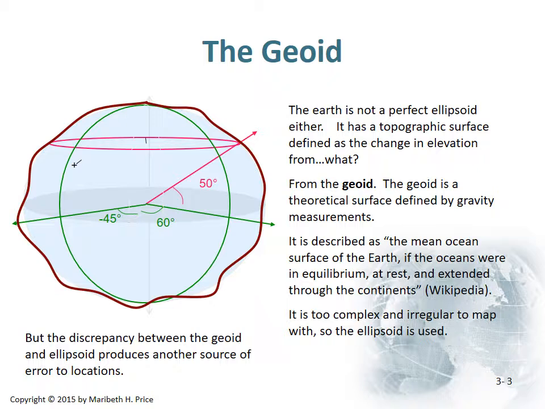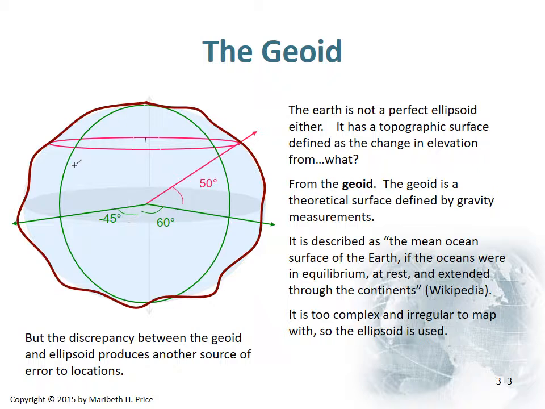Some parts of the planet have higher gravity values than others, depending upon what kinds of minerals and rocks are beneath the surface in different locations and whether it's a water body or not. So the Earth's surface, in actuality, if you looked at it at scale, is fairly rough, and it's not going to be geometrically perfect. And so it's hard to come up with one mathematical model that fits every single point on the Earth's surface at the same time.